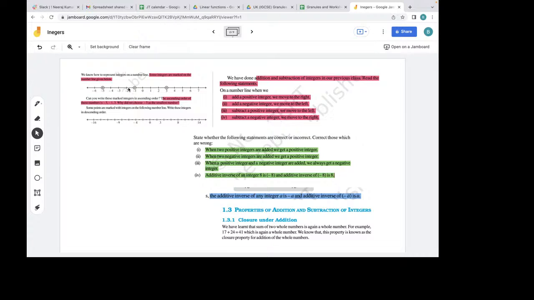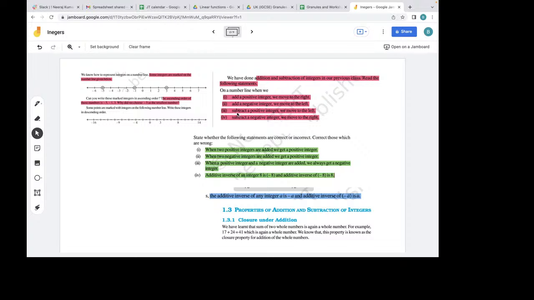Whenever you add a positive integer to any number, whether it is positive, negative or 0, you always move to the right on the number line. And when you add a negative integer, we always move to the left, and that is opposite.